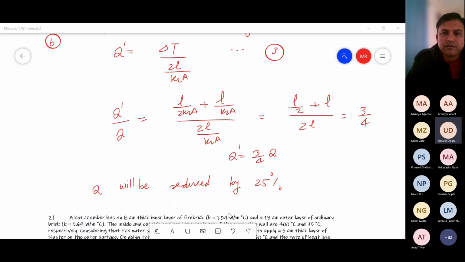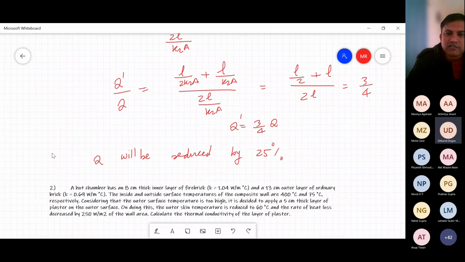Is it clear to everyone? Can you start solving the second question? Yes, sir.